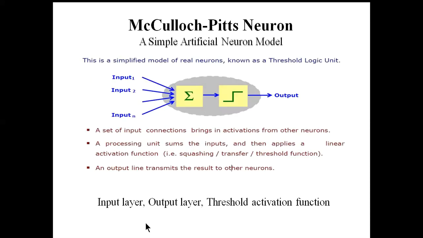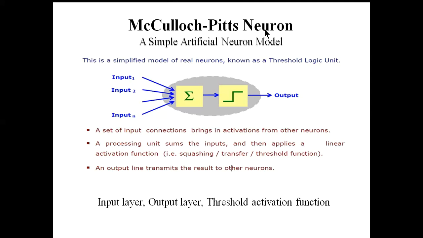Now, inspired by the human brain, in 1943 McCulloch and Pitts proposed a model that is known as the MP model of neuron. So what is the MP model, or MP neuron?